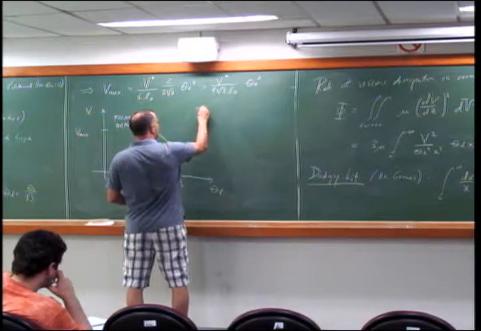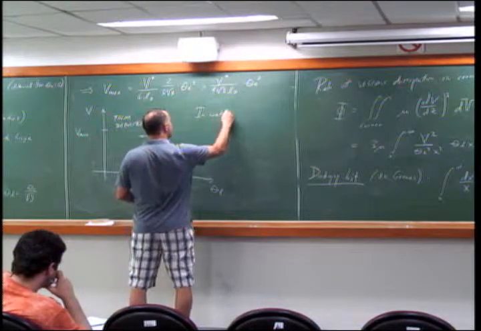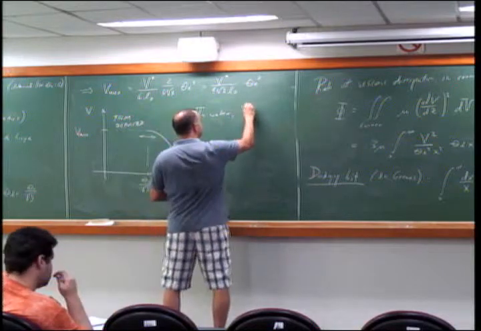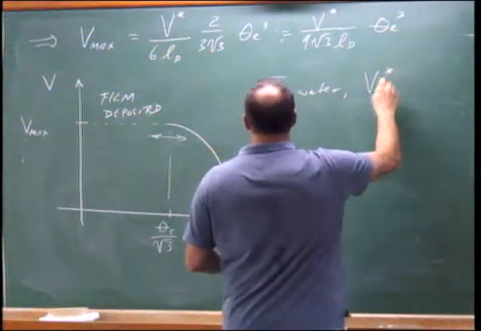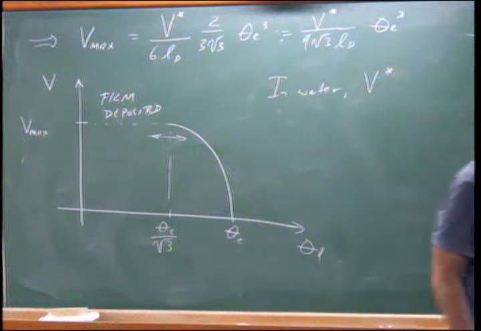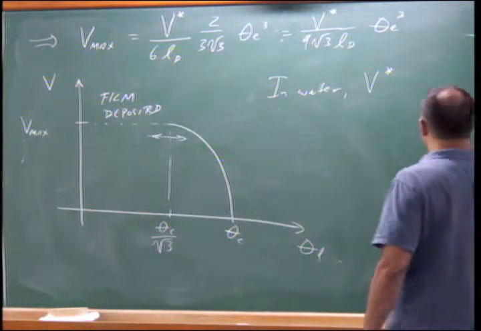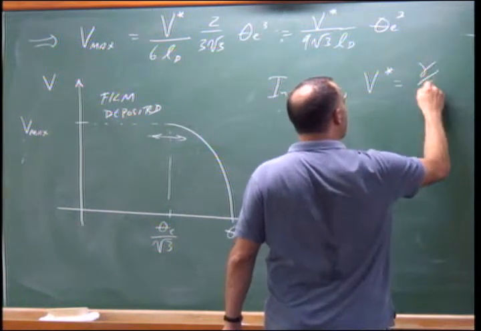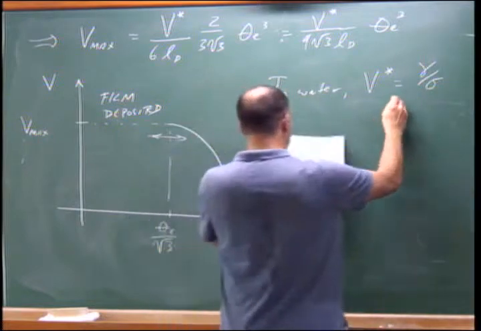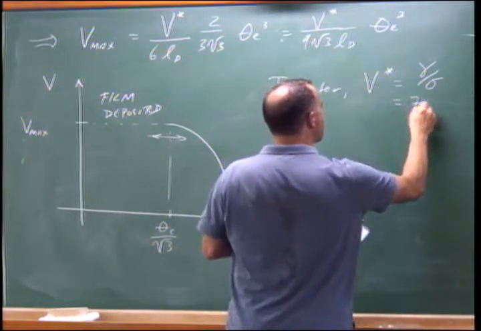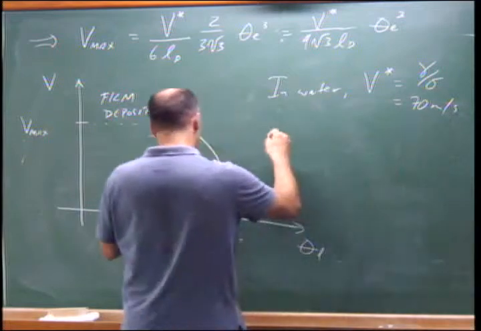Okay, and so if we just look, for example, in water, there's a V star, which is our surface tension over mu. It's fairly high.